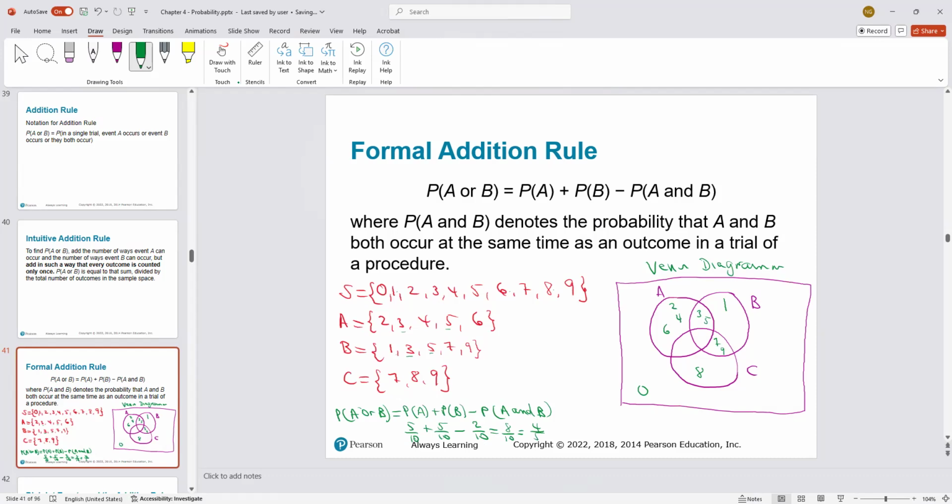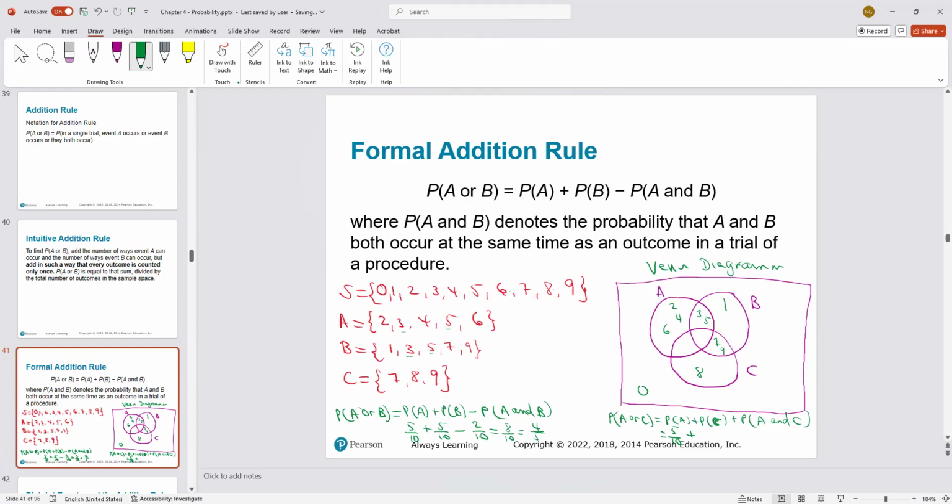But if they ask you what is the probability of A or C, remember A or C would be probability of A plus probability of C plus probability of A and C. Now look, probability of A, we know it's 5 over 10.